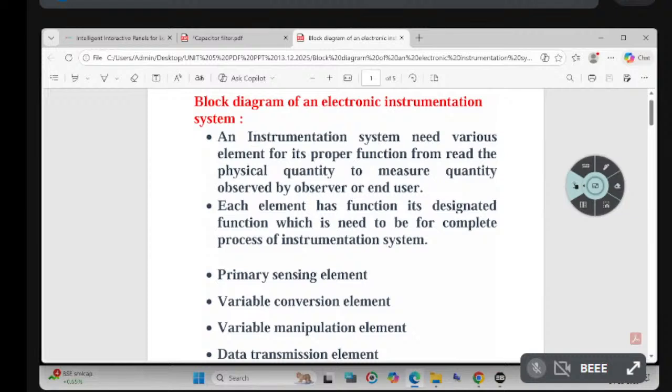These are the five to six components present in the block diagram.